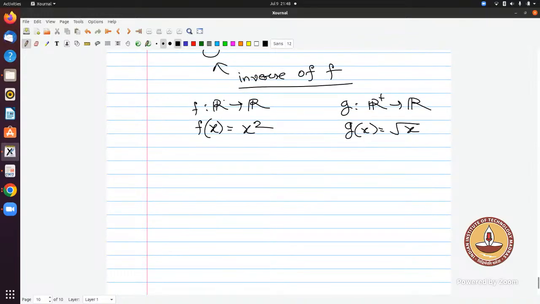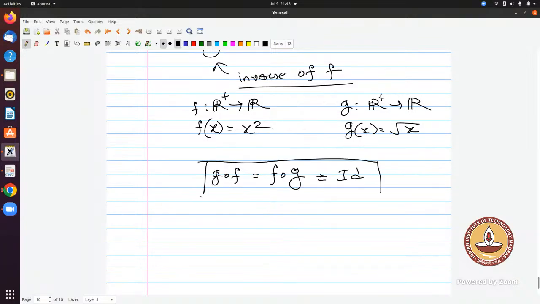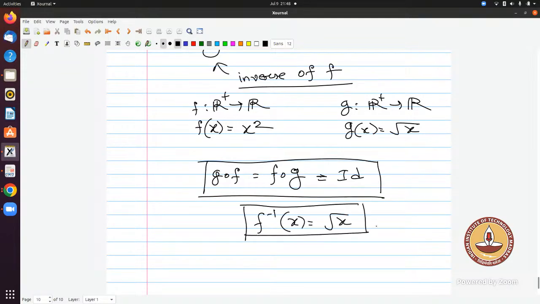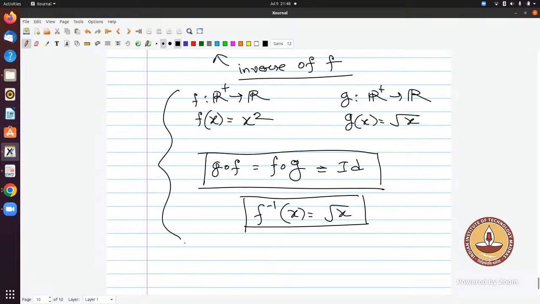Then g compose f and f compose g are both equal to the identity function. So f inverse in that case is root x. Is it clear what the inverse function is? Yes, sir. Okay.